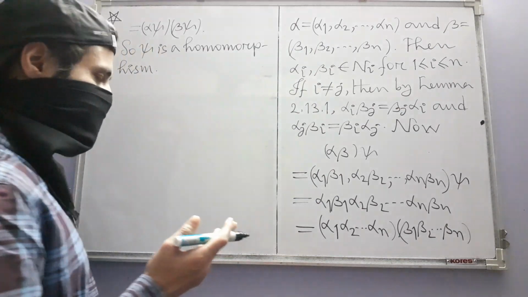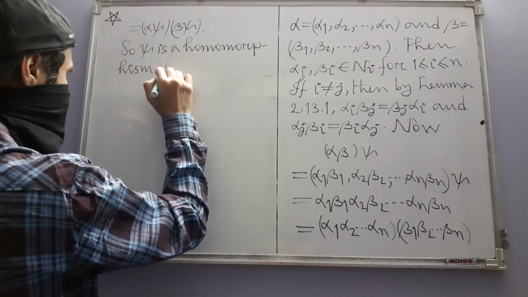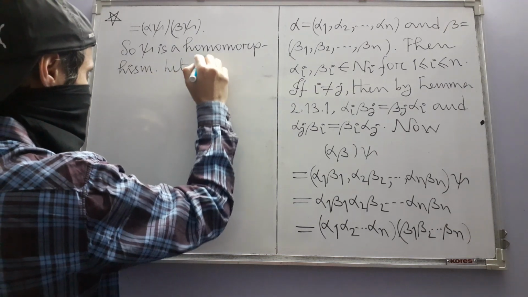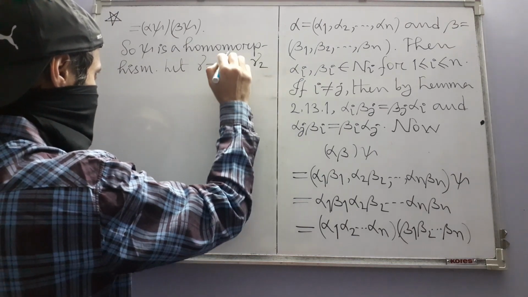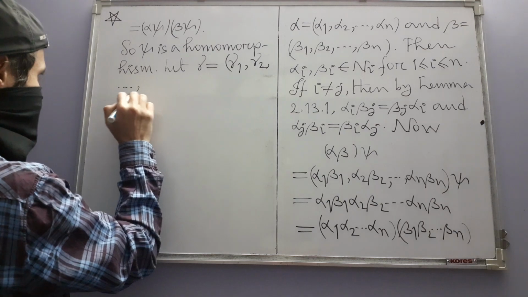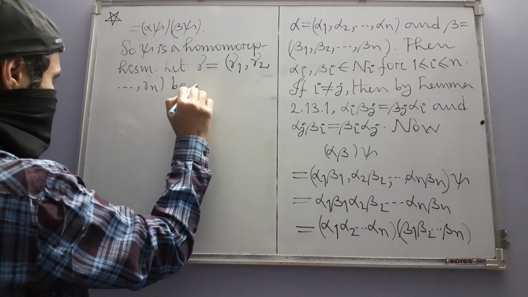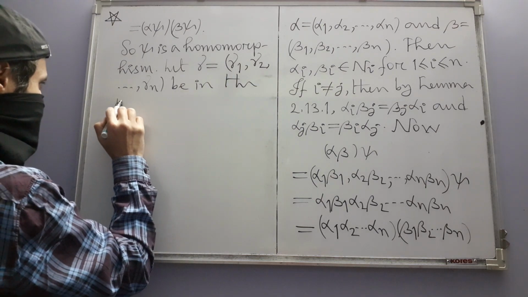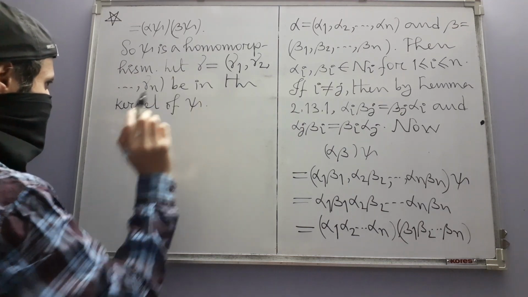For that we consider any element in the kernel of psi. Let say gamma equal to gamma 1, gamma 2, and so on, be in the kernel of psi.